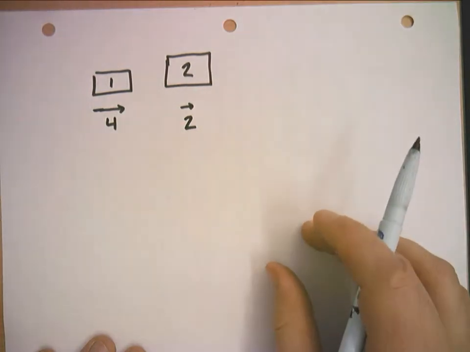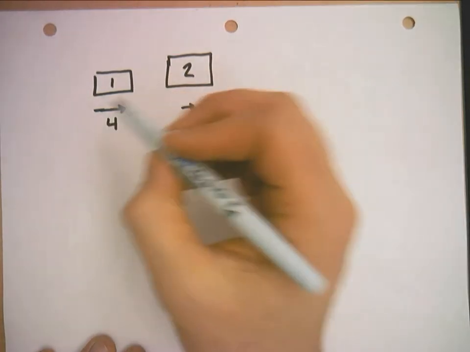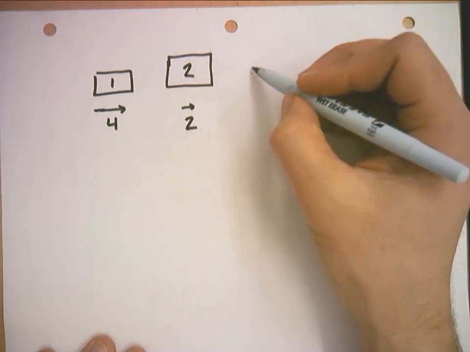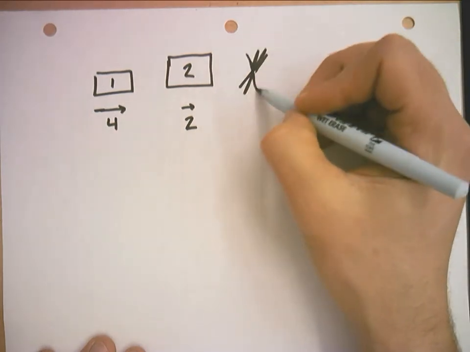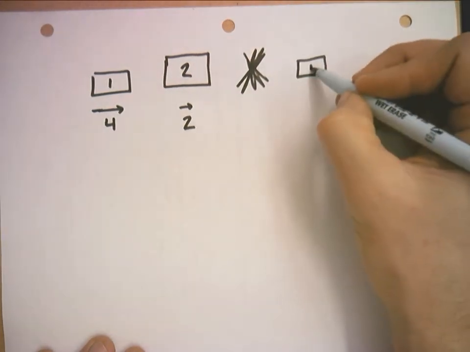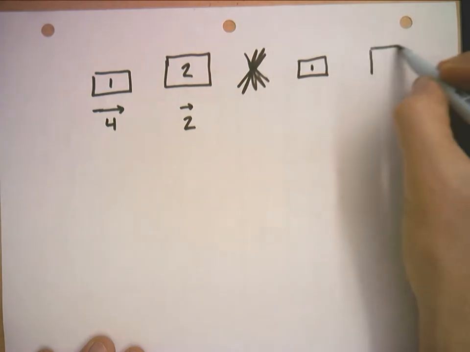So that's going to be our setup here. We can give these things special names in just a minute. Then we're going to have a collision, fire, explosion, and then afterwards we want to figure out what their speeds will be.